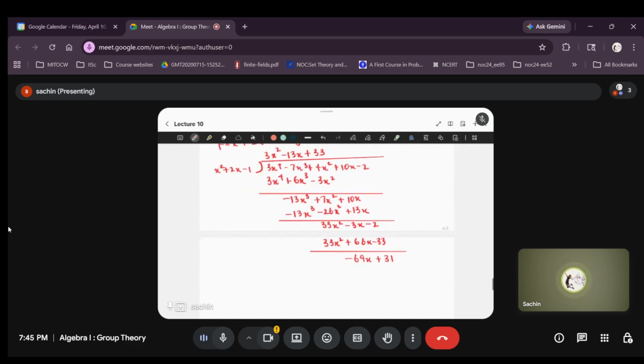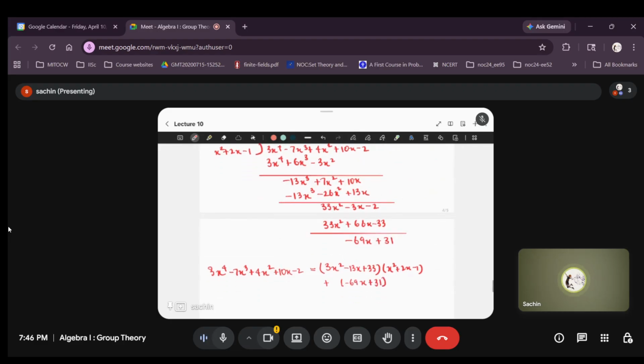Now you can write 3x power 4 minus 7x cubed plus 4x squared plus 10x minus 2 is equal to the quotient 3x squared minus 13x plus 33 times the divisor x squared plus 2x minus 1, plus the remainder minus 69x plus 31, where the degree of the remainder is less than the degree of the divisor.